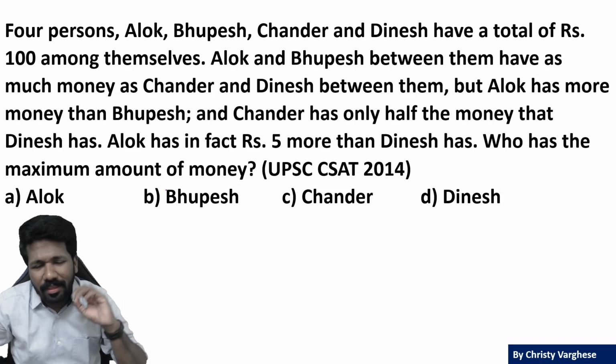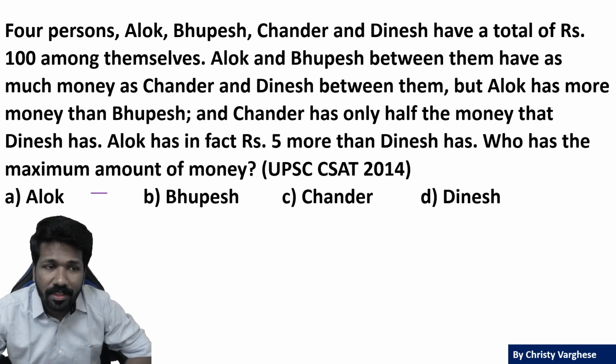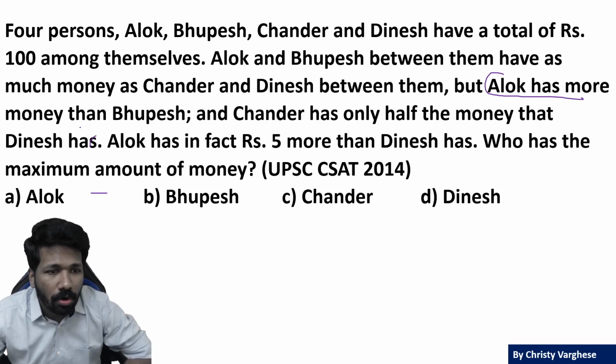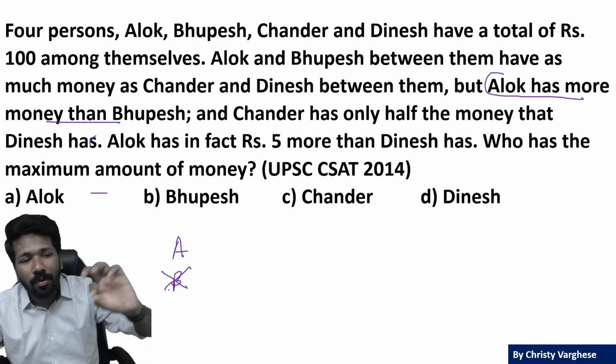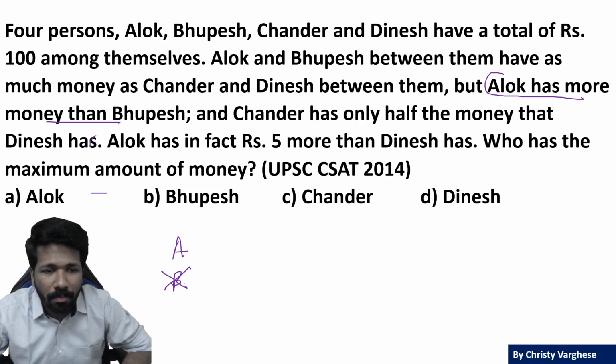So, in the rejection approach, this can be done very easily without any calculation. How? Look at the second part of the second sentence: Alok has more money than Bhupesh. That means Bhupesh cannot have the maximum amount of money because we already know one more person, Alok, who has more money than Bhupesh.